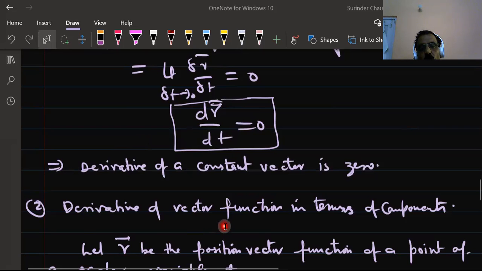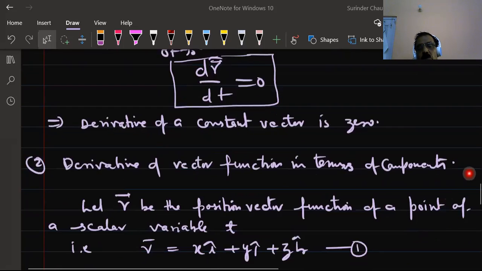Now the derivative of a vector function in terms of components. If a vector is given in components, how can we find the derivative of that function?